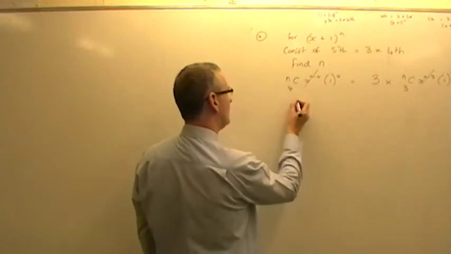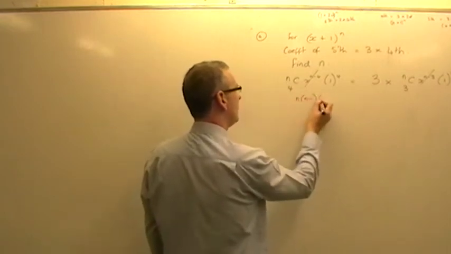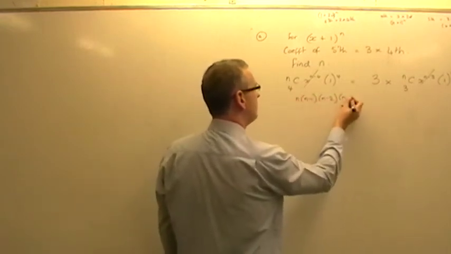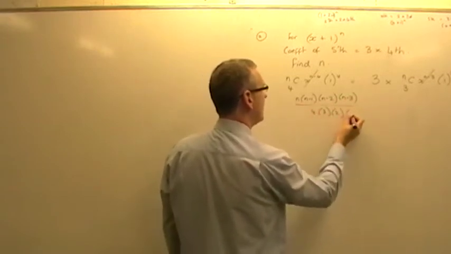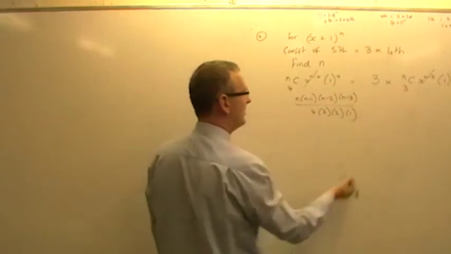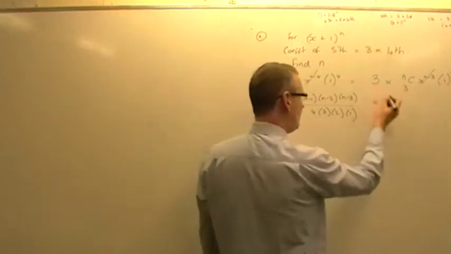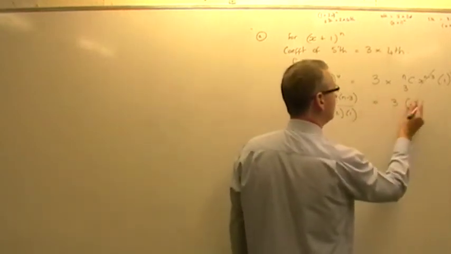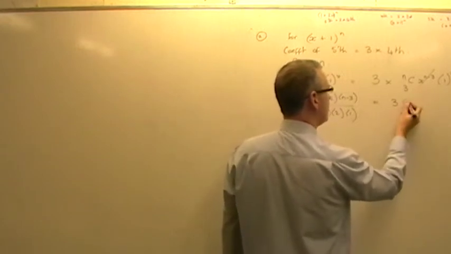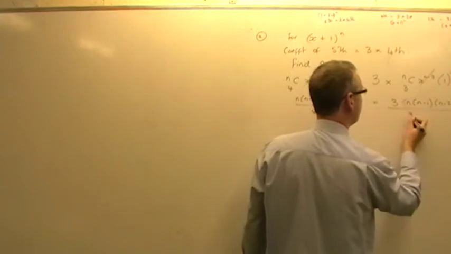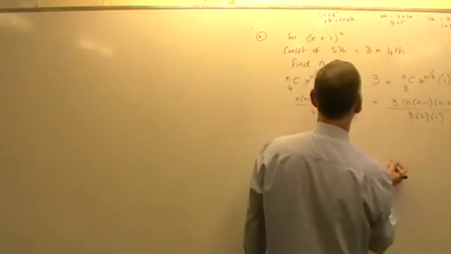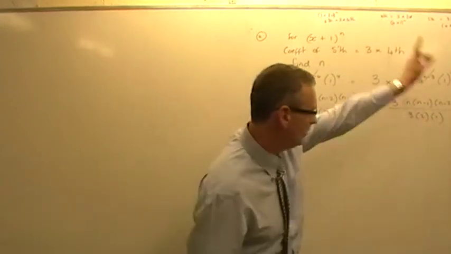So n choose 4 is n minus 1, n minus 2, n minus 3, over 4 by 3 by 2 by 1. 1 to the 4 is 1, don't need to put it in really. Equals 3 lots of, and then n choose 3 is n minus 1, n minus 2, over 3 by 2 by 1. And then 1 cubed is just 1.